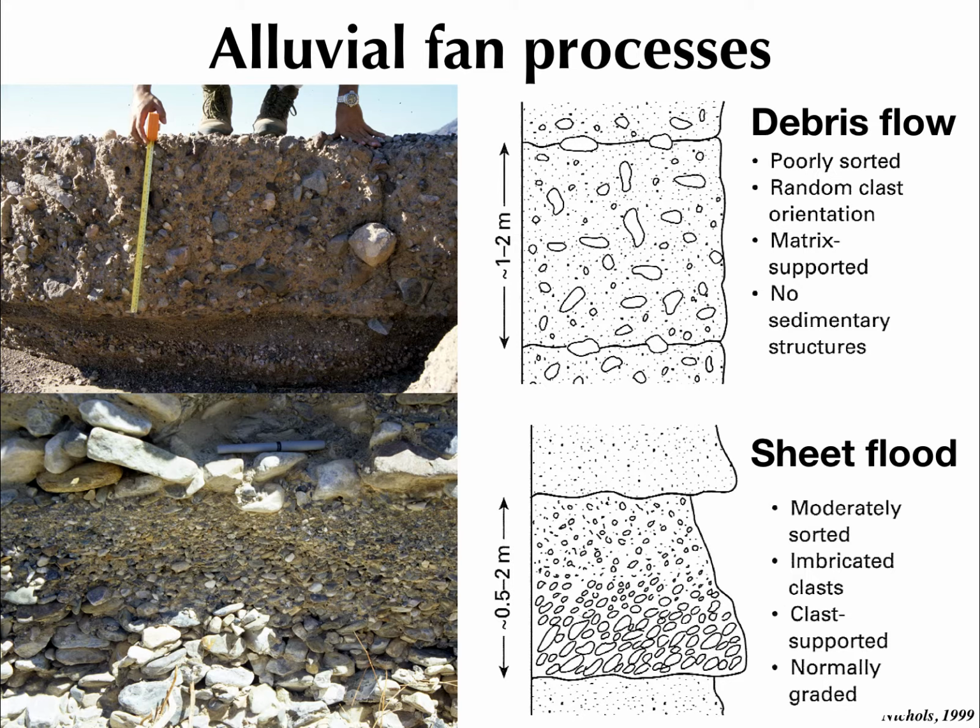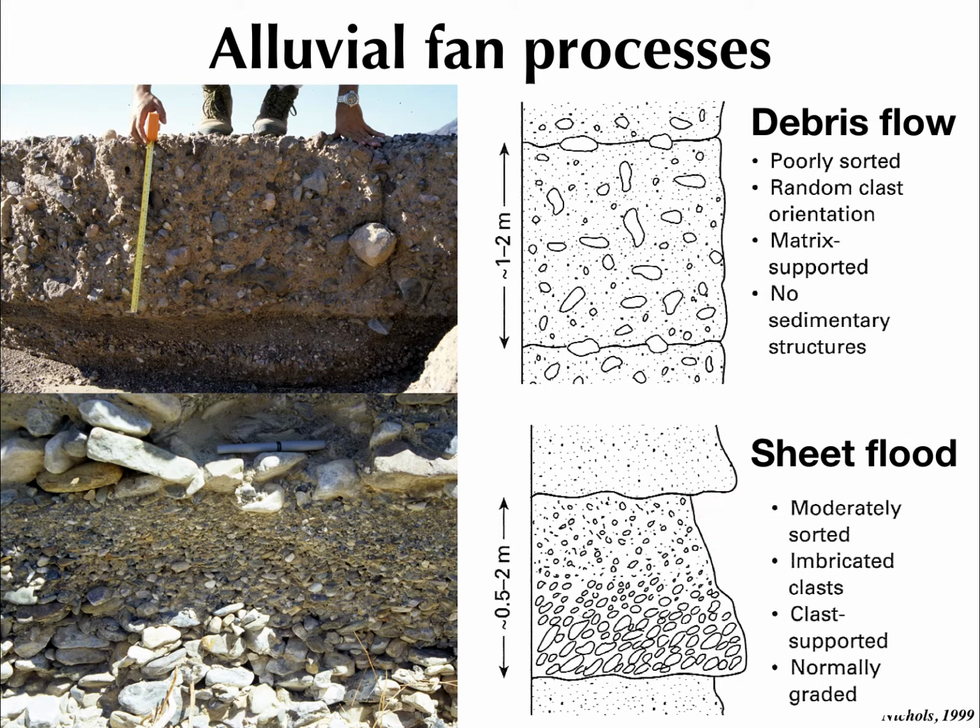Their deposits form tabular to lensoidal beds that are often normally graded, reflecting a progressive decrease in the energy of the current as the sheet flood wanes. So carrying gravel at first, and as the flow wanes and slows down, we start depositing sand.